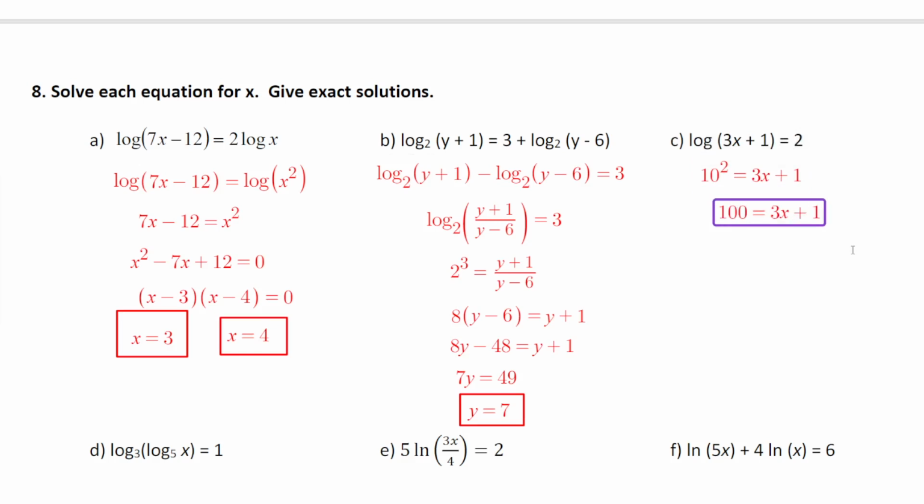Go ahead and simplify that right off the bat. And then I'm going to subtract 1 from either side to give me 99 equals 3x. And if I divide both of those sides by 3, I get x equals 33. And that number is a relatively big positive number, so if I plug this in here, I won't run into any domain issues.